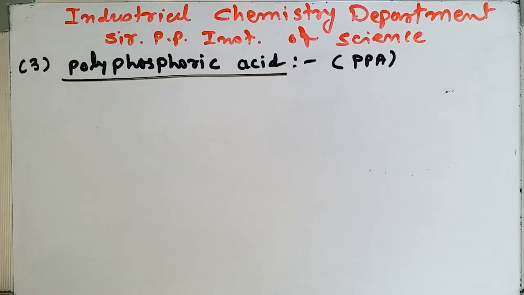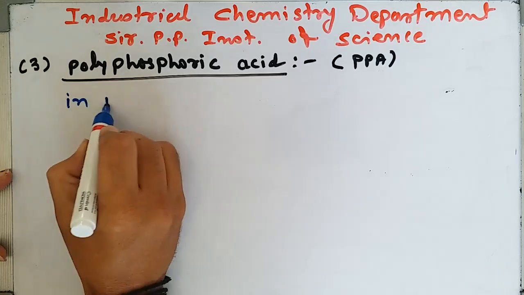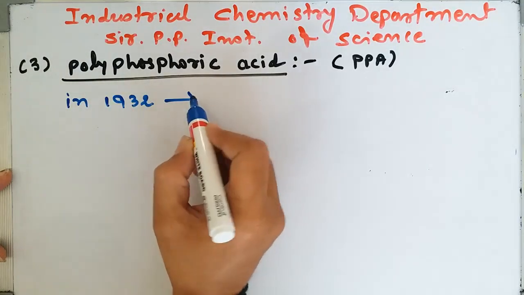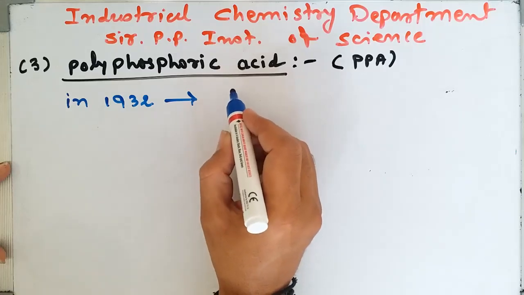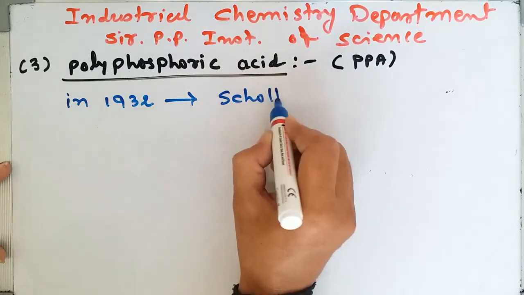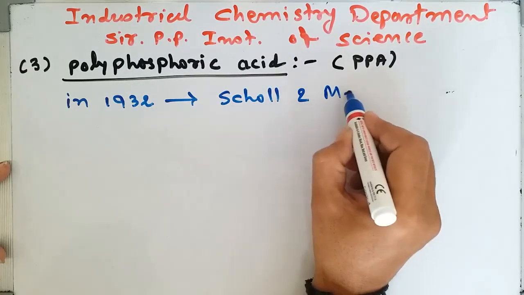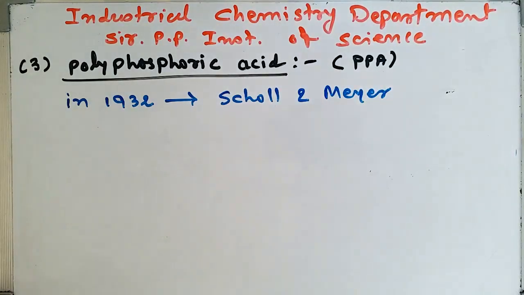In 1932, Scholl and Mayer introduced, for the first time, polyphosphoric acid as a cyclodehydrating reagent in the synthesis of dibenzocoronene and coronene.